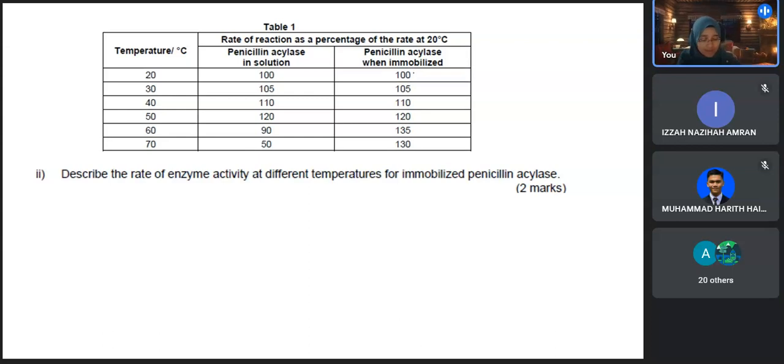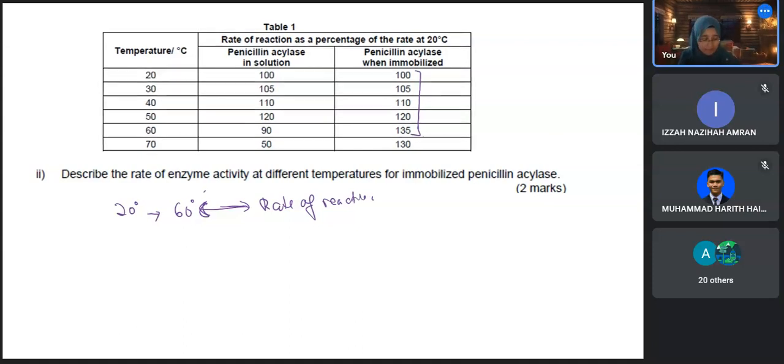So yang ini awak kena tengoklah tadi kan. So ada dua keadaan. Satu daripada temperature 20 sampai ke 60 degree Celsius. The rate of reaction increase ke decrease?